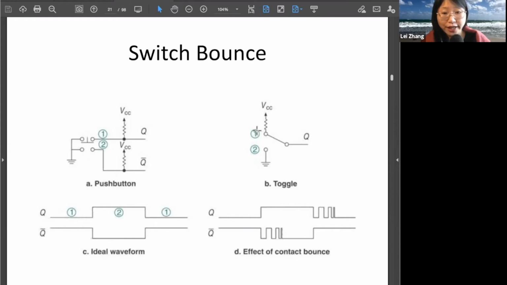So this is a push button. The ideal waveform is a very clean push down signal that gives you a very stable and steady high signal to indicate the push down of the button. But in reality, there will be a lot of up and down, because everybody is going to be different.